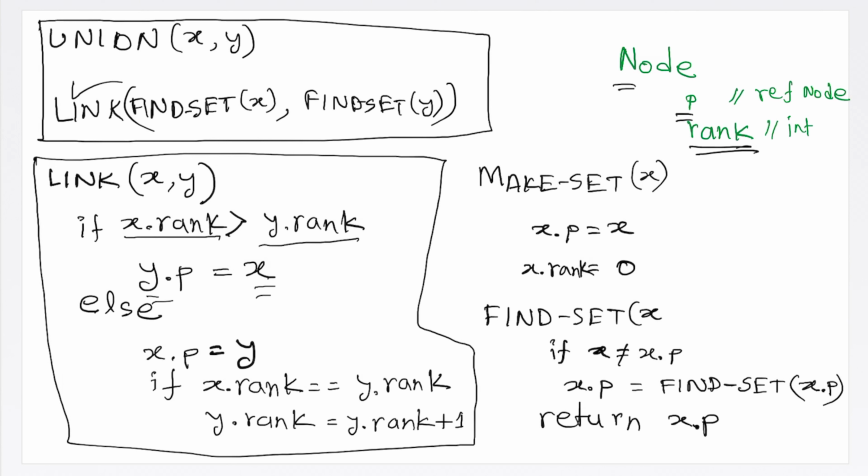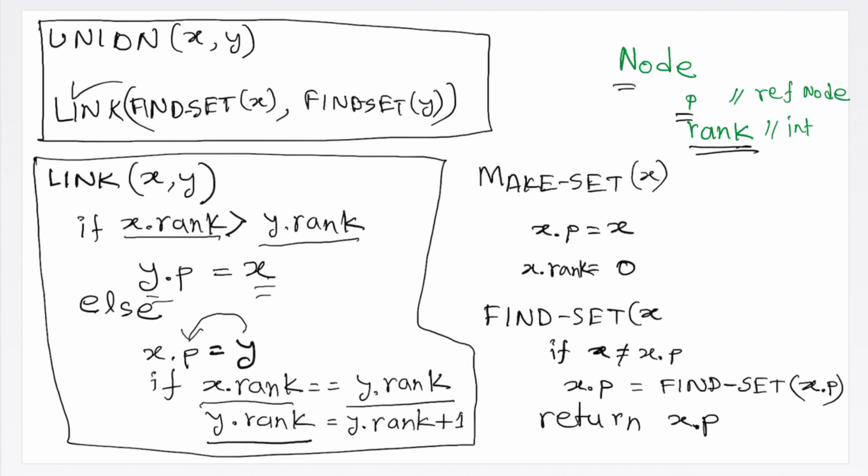In that case, y becomes the parent of x. In the other scenario, x.rank is equal to y.rank. If we find that the rank of x and the rank of y are equal, in that case we have to make sure that the rank of y is increased by 1 because the number of levels increased.